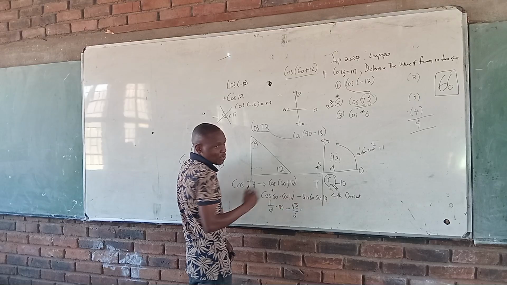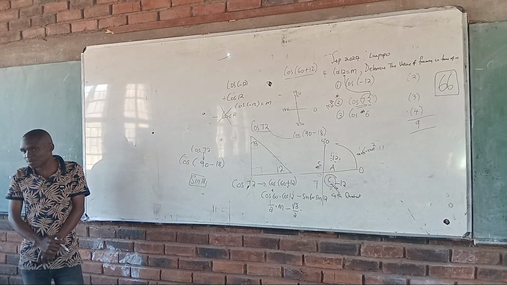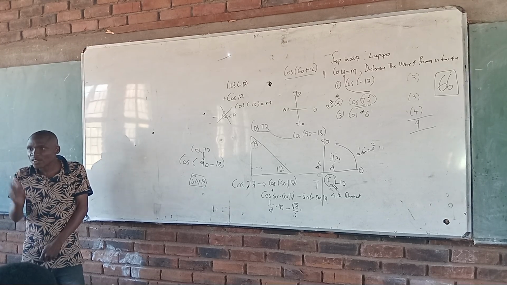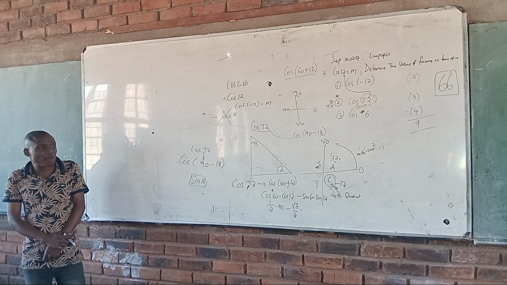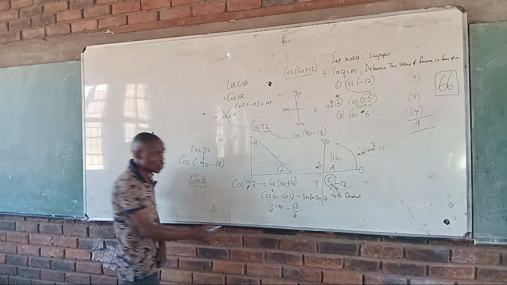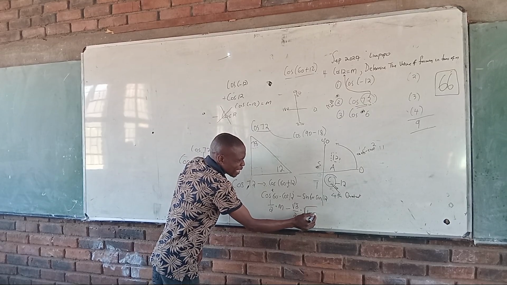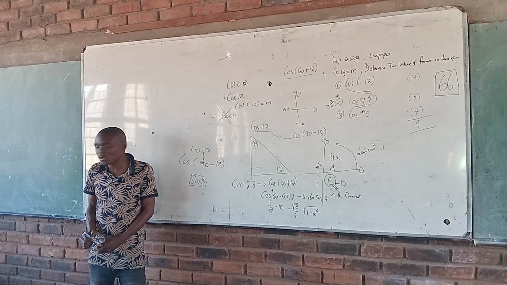What is sine 12? Which means sine 12 is going to be root of 1 minus m squared.